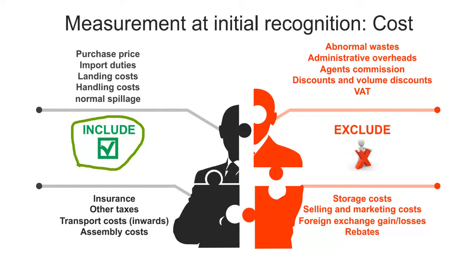Delivery costs that are bringing it to our factory and that are bringing it to be manufactured must be included. But delivery costs that are taking it away and going to the customer are not included in the cost of inventory, because at the point it left our factory, it was in a state that someone could have sold it. Okay. So we're going to keep coming back to that.